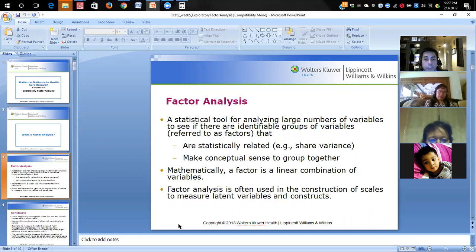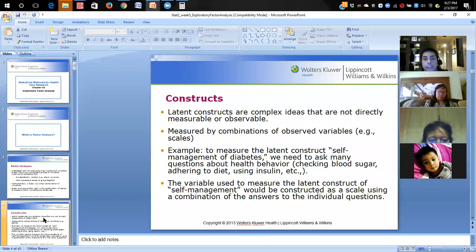Latent constructs are very complex ideas that are not directly measurable or observable, and they are measured by a combination of observed variables.